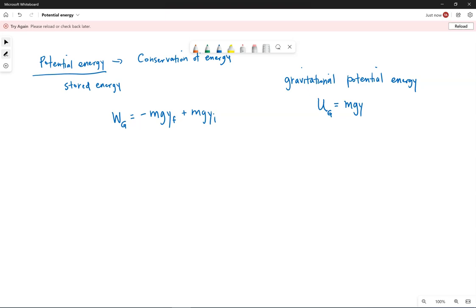If we account for potential energy initially and finally, then we can account for what gravity, the force of gravity, is going to do, whether it's going to do work or not, on the object as it moves in any given problem.